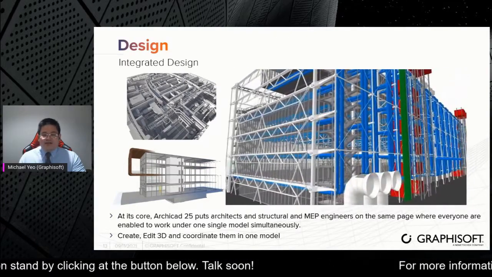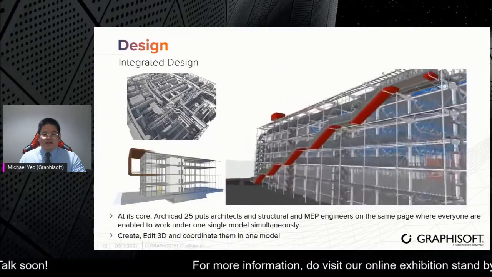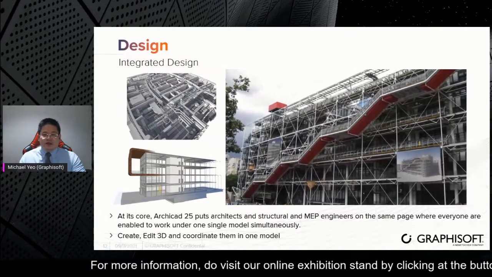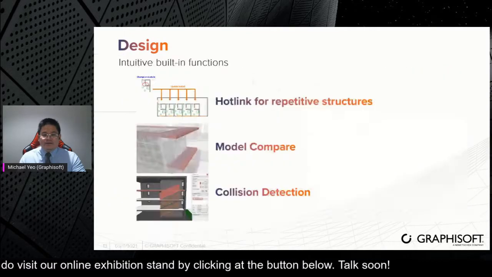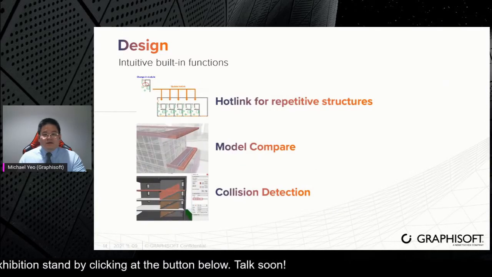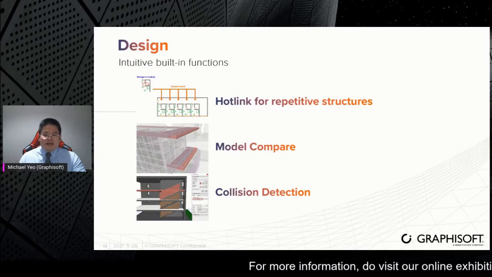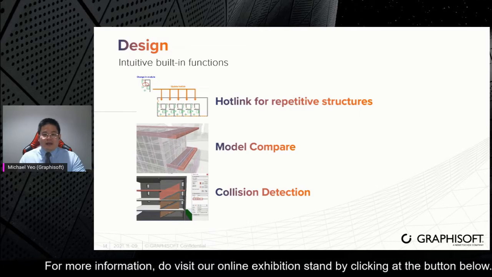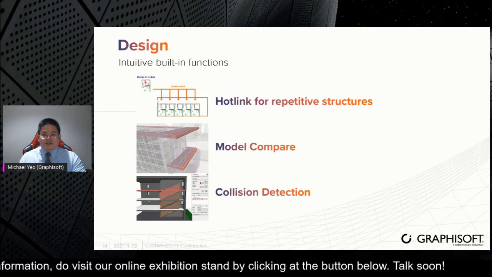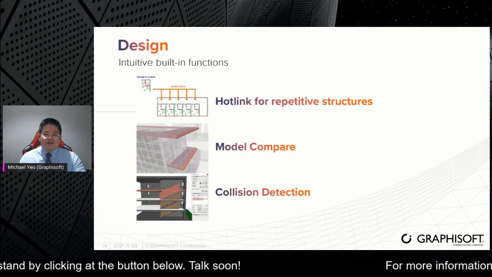Apply the necessary BIM practice capabilities to simulate all the mandatories and avoid any unforeseen issues upon the construction stage. Archicad also has built-in functions which make your life easier when you're progressing your design. Functions like hot links allow you to manage repetitive structures as easily as updating the module and replicating it to the rest.